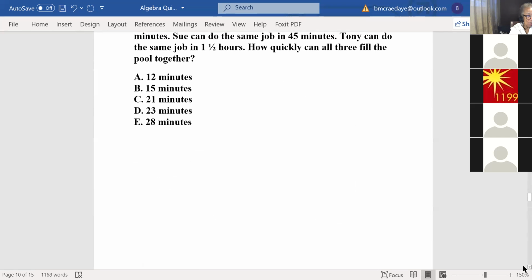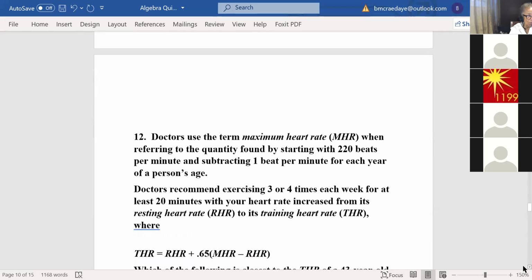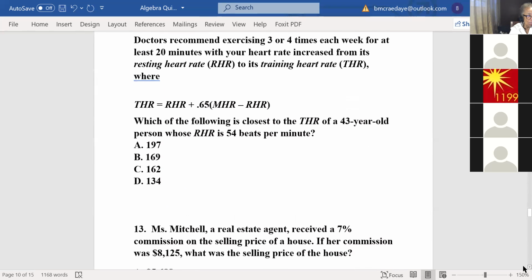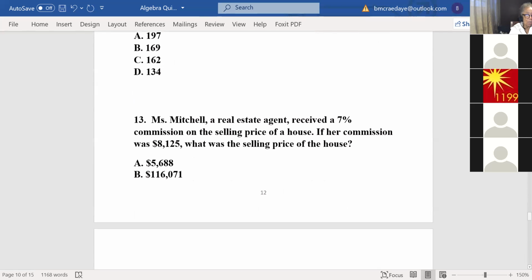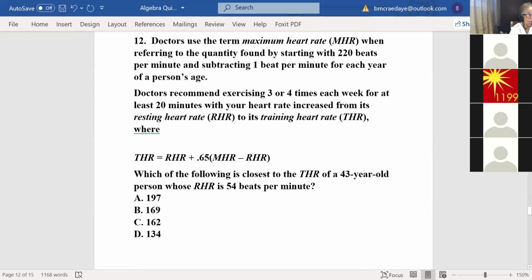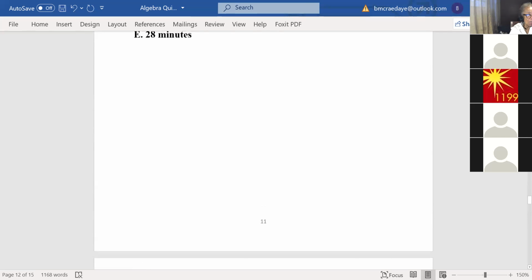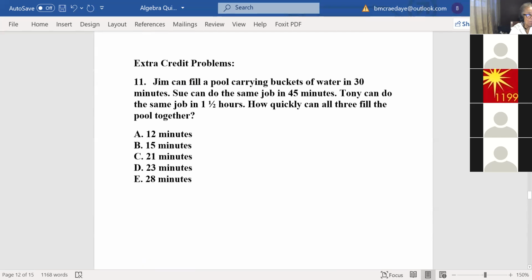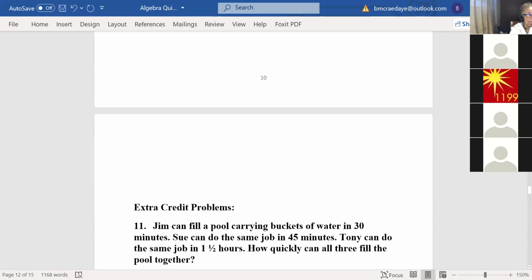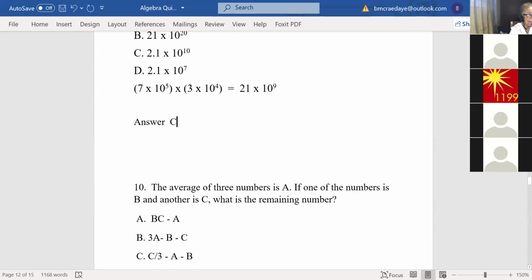There were 3 extra credits: 11, 12, and 13. So we stopped at number 10, and then we have the extra credit 11, 12, and 13.